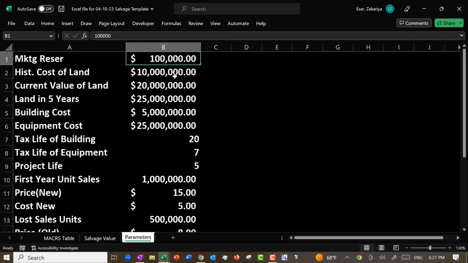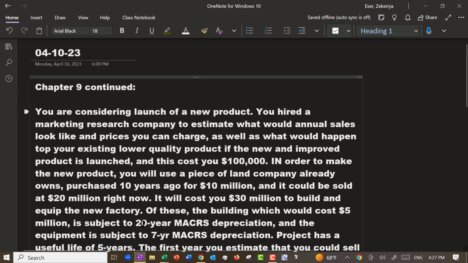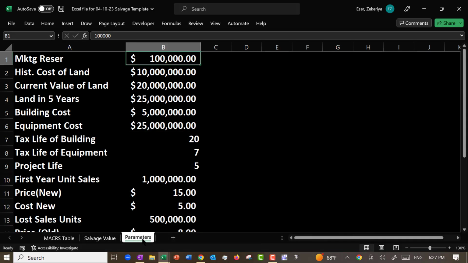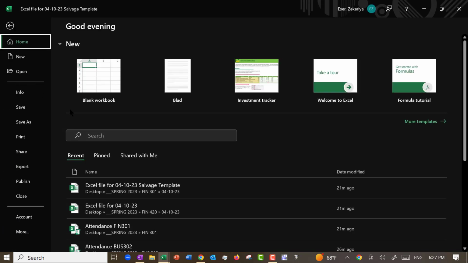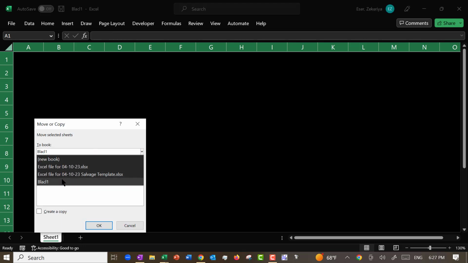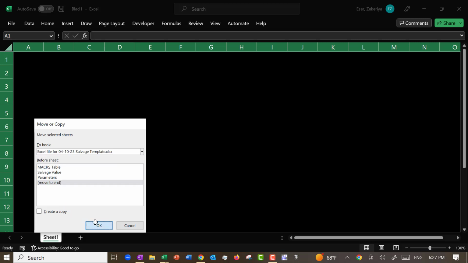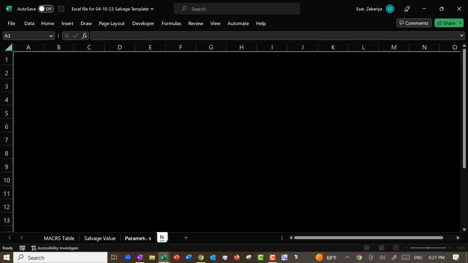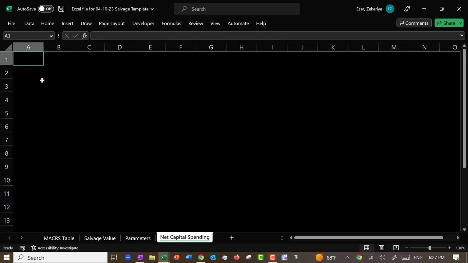Now let's worry about, let me do another sheet. Let's call this net capital spending. Okay. Oh, insert. I also have year 0.